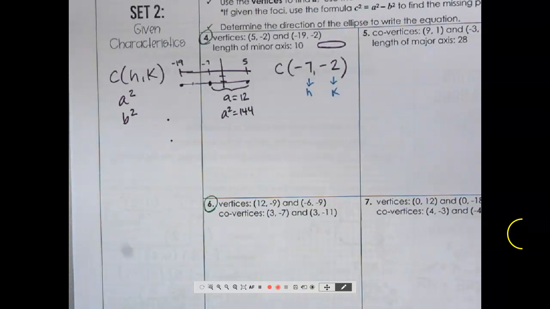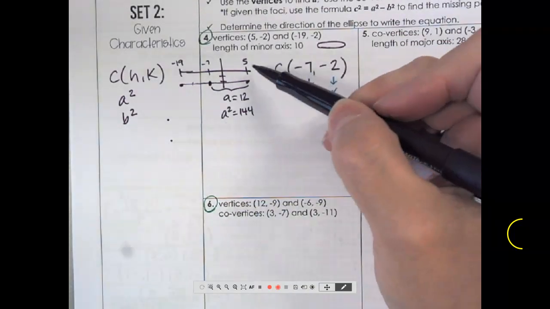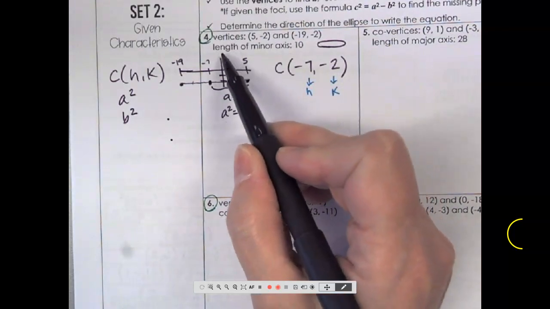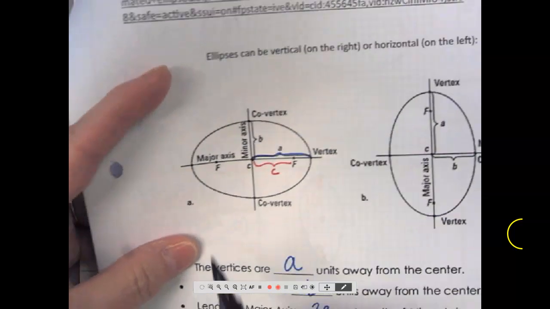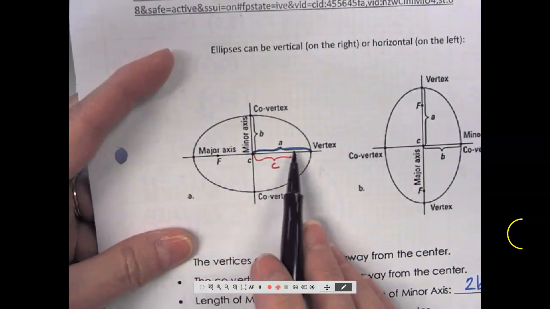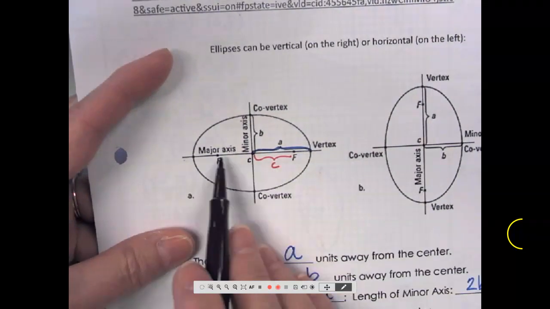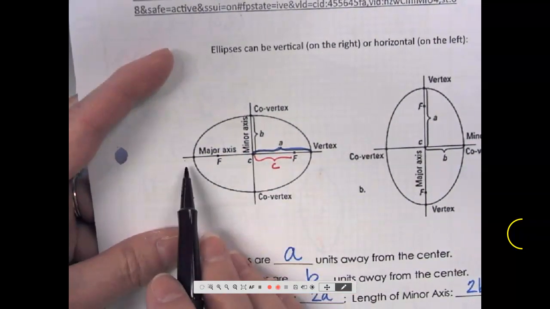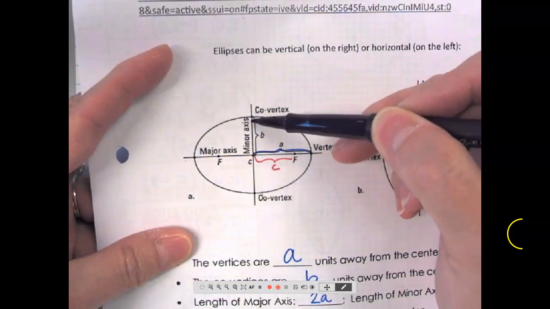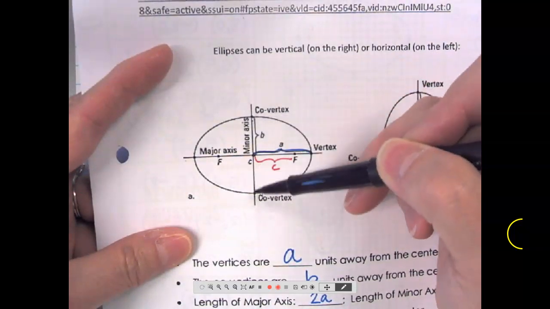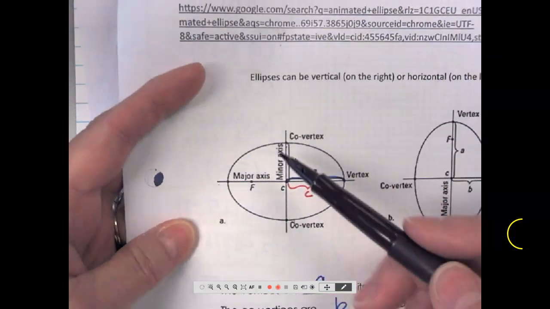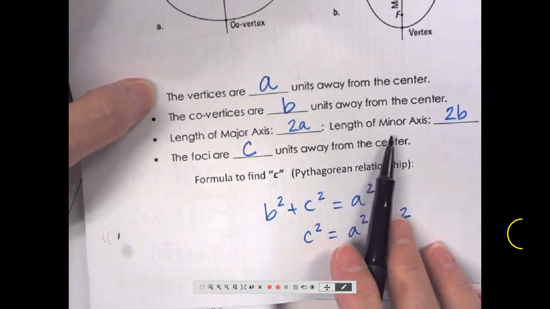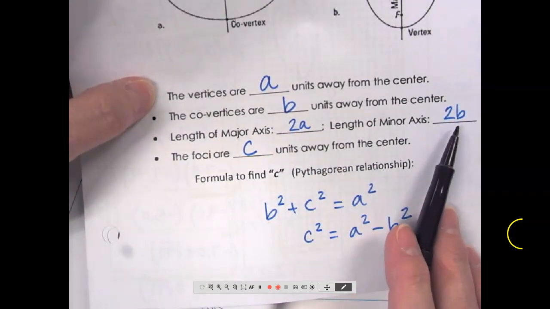Okay, so now how do I find B, or B squared? Let's look at this other piece of information. The length of the minor axis is 10. Okay, go back to the front page. Major axis is the distance from vertex to vertex, kind of like the width of the ellipse. Minor axis is the distance across the shorter part of the ellipse, and it will help me find B. Remember, the length of the minor axis is 2b.